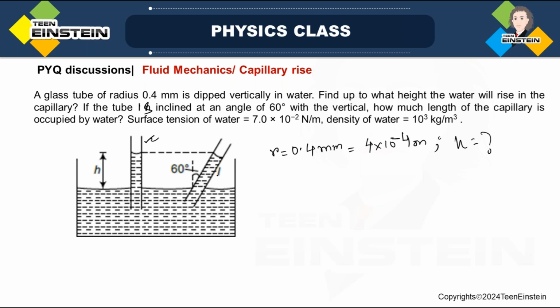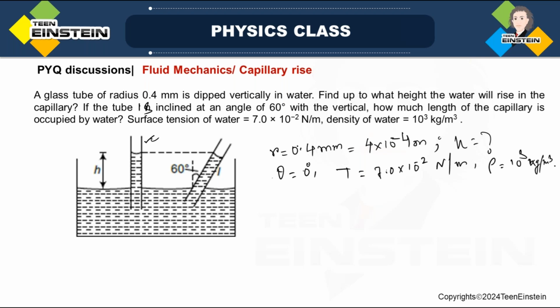So for water and glass we can take nearly 0 if nothing is mentioned. Surface tension is given as before, because this is water, in Newton per meter. Water has density rho 10 to the power 3 kg per meter cube.